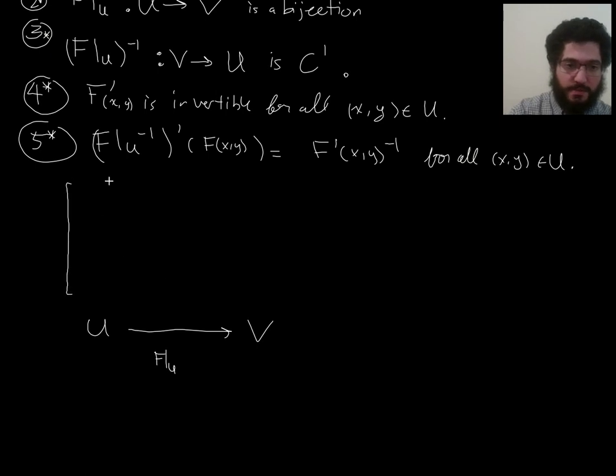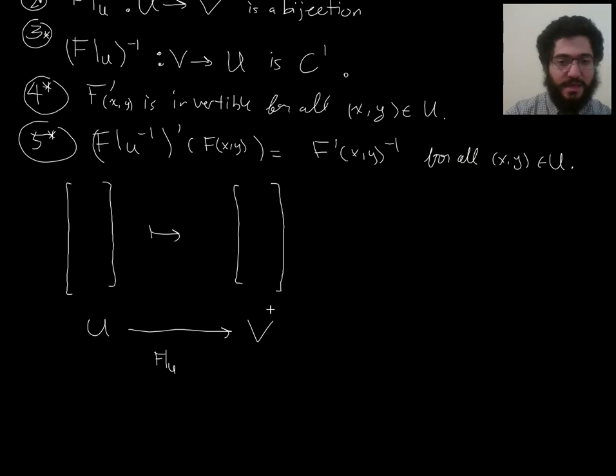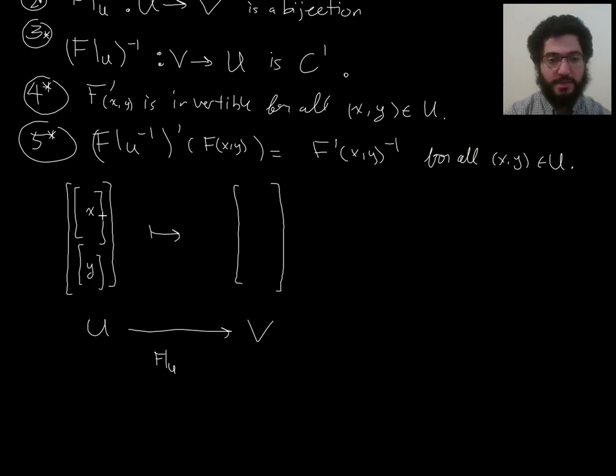So things in u go to things in v. And things in u I can think of as an x part and a y part, right? So things in u will be n plus m tuples, which I can think of as an n tuple x part and an m tuple y part. And they're going to be mapped to things in v.